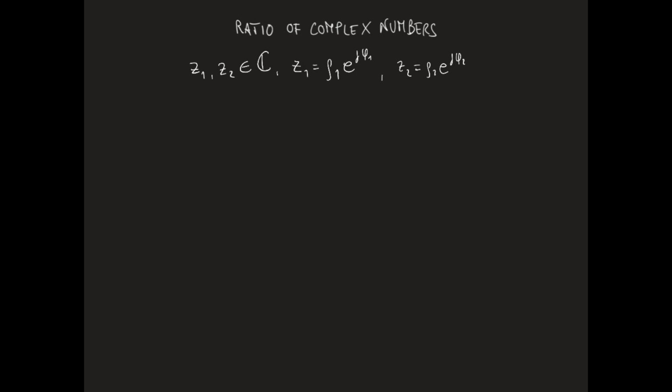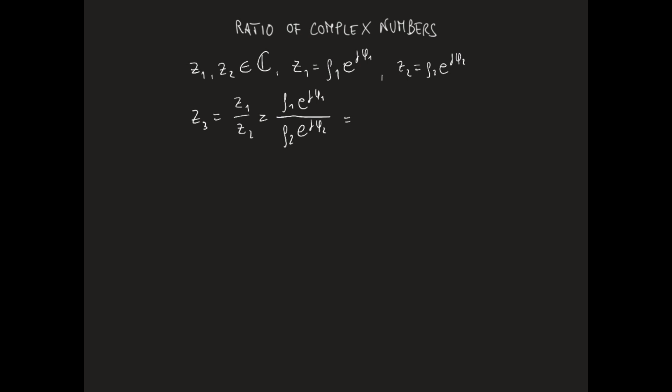Then the ratio between the two numbers is again a complex number given by rho 1 times the exponential of j phi 1 divided by rho 2 the exponential of j phi 2.